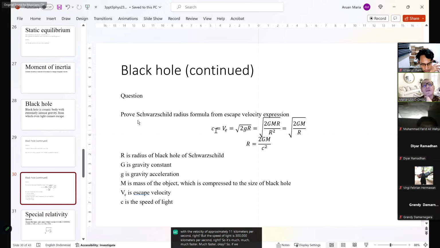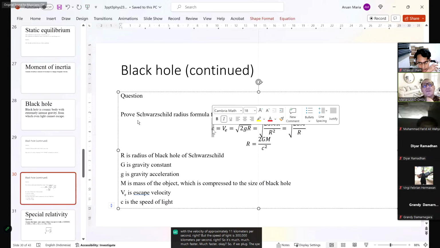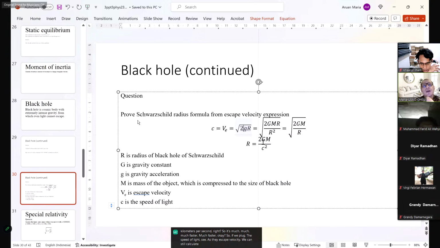So if we plug the speed of light c as the escape velocity, we can still calculate the radius of the black hole, which is going to be equal to 2 times the constant G, which is approximately 6 times 10 to the power of minus 11, and the mass, in this case, the mass of our desk. So if we squeeze our desk to the size of the black hole's radius, which will be very small, then our desk becomes a black hole.